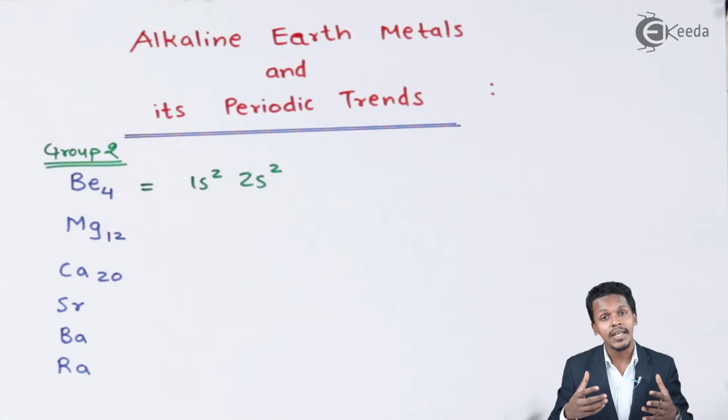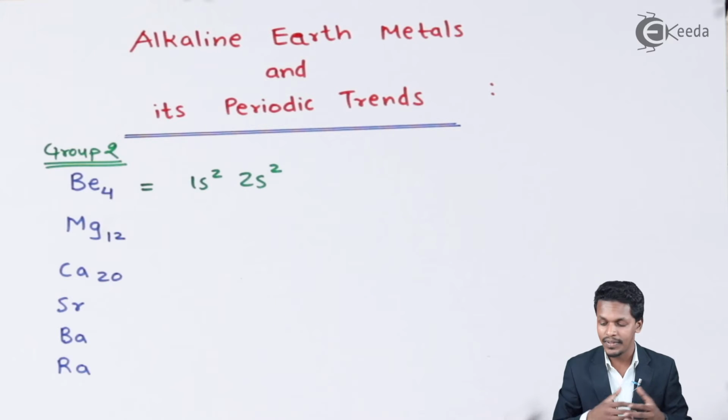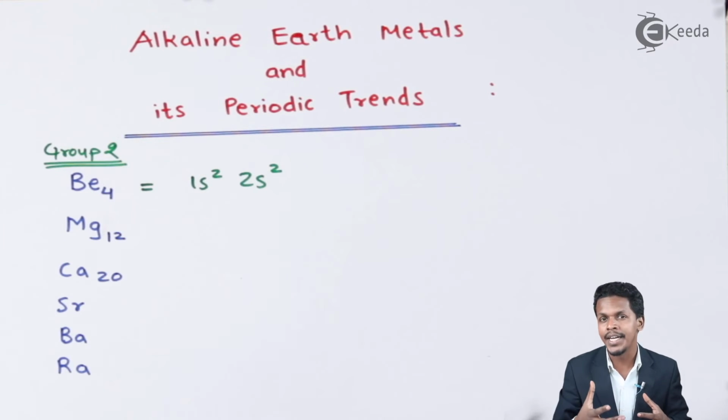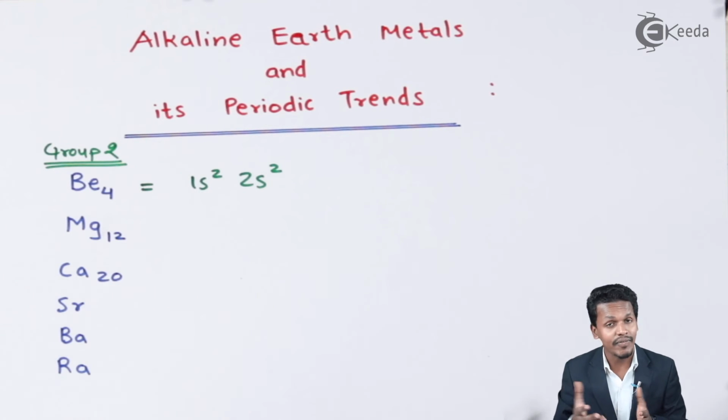And talking about radium, because it has a bigger, larger atomic size compared to beryllium, obviously the last electron will not have that much affinity towards the nucleus of radium. So that's the reason it is very easy to remove the electron of radium, and that's the reason radium acts like a radioactive element.